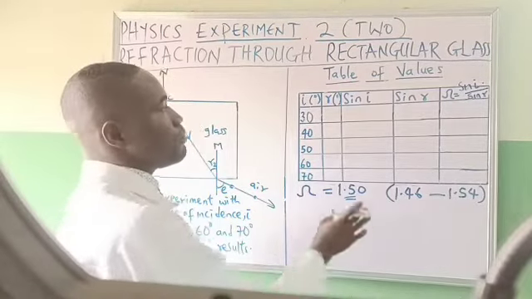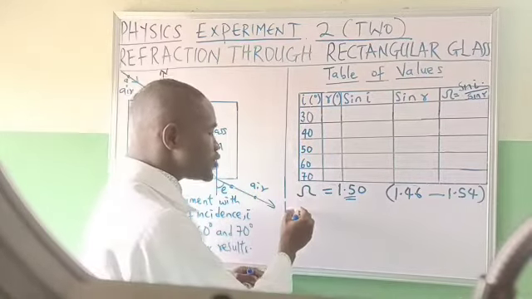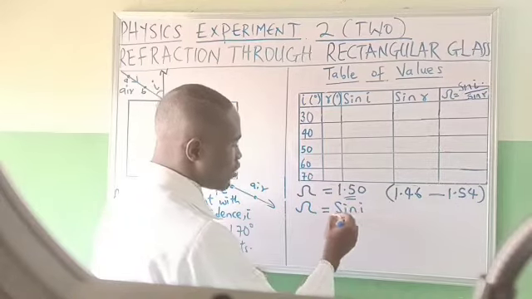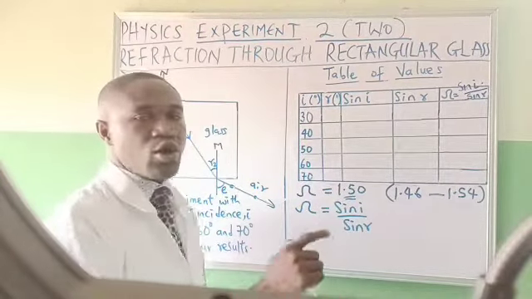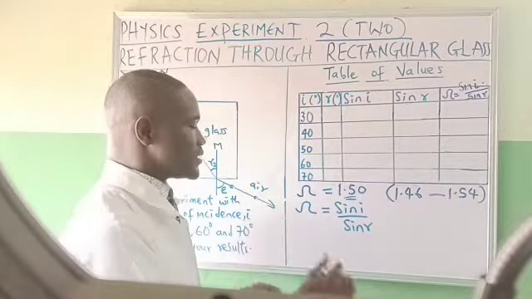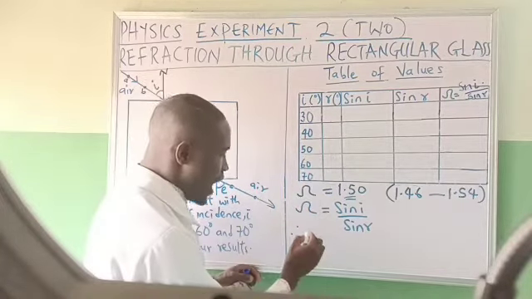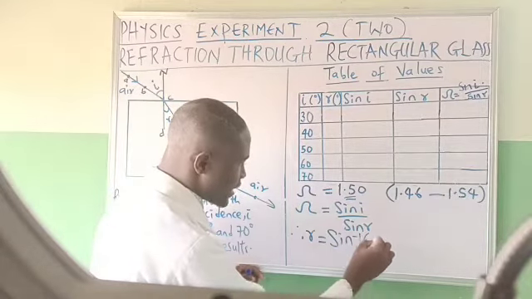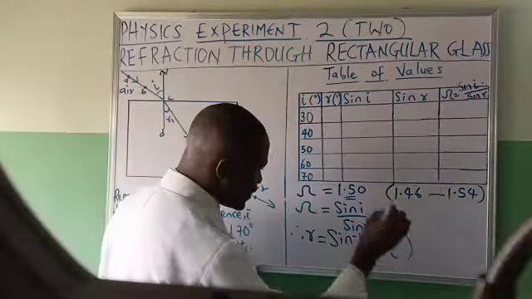Now, for you to graph this table, first thing you need to know is that Snell's law states that refractive index is equal to sine i over sine r, that is, sine of incidence over sine of refraction. And so, what we need now is the value of r. r will be equal to sine inverse of (sine i over refractive index).